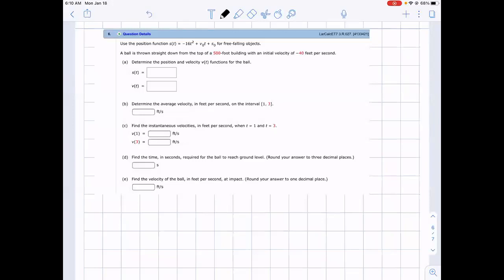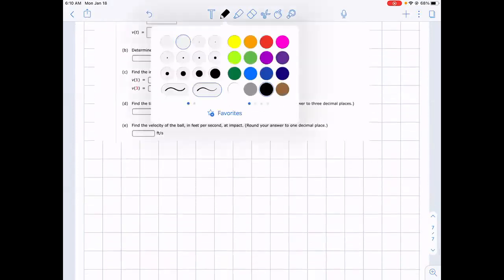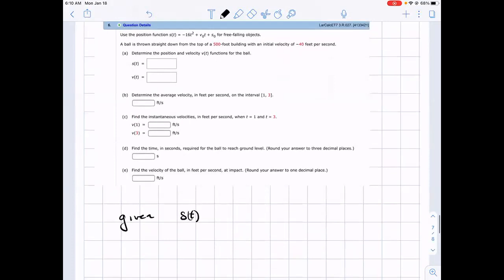So the last problem we'll look at was number 6. So we want to use the position function. Now you're given the position function S of t, and the position function here for S of t is minus 16t squared plus the initial velocity v0 times t, plus S of 0, the initial distance.